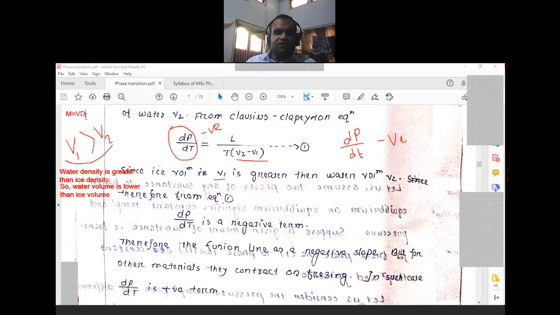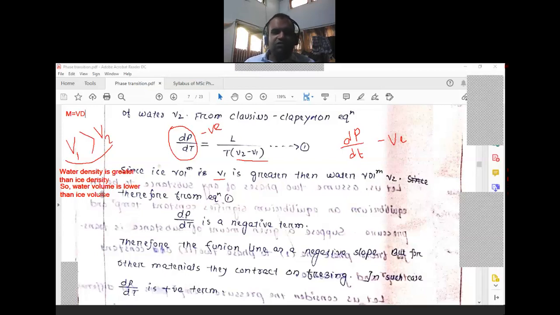Because you know volume and density are inversely related. What is mass? Mass is equal to volume into density. Suppose V is volume and D is density. That means volume and density are inversely related: if volume is high, density will be low, or if density is low, volume will be high.